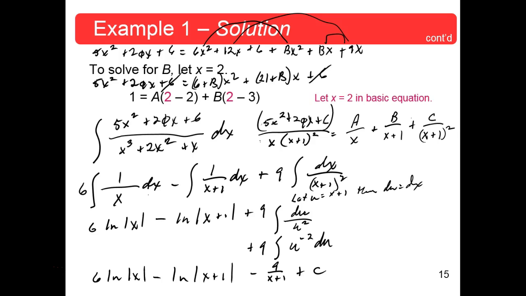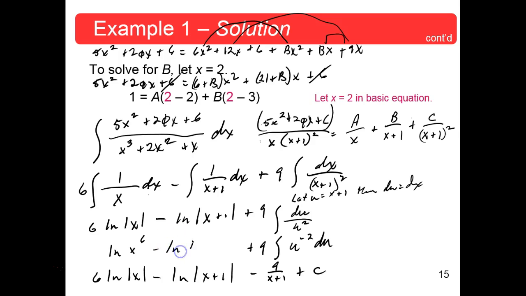Now, there's a couple of different ways you could write it. This is perfectly fine, perfectly good. Or you could write this first one as log of x to the 6th power. Now, notice I don't need absolute value bars anymore, do I? Because anything raised to an even power is going to turn out positive. Okay?